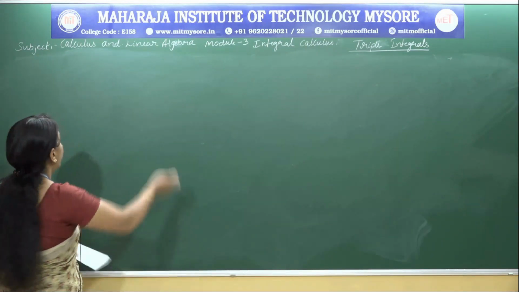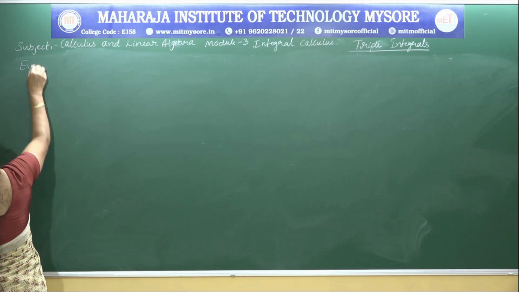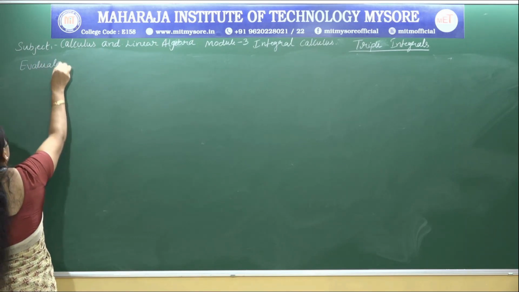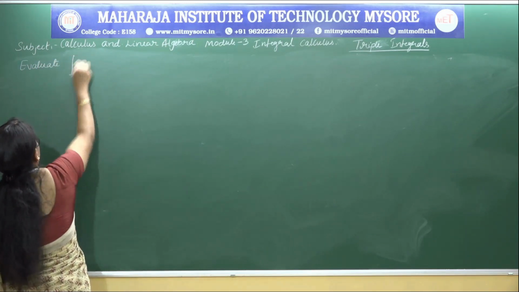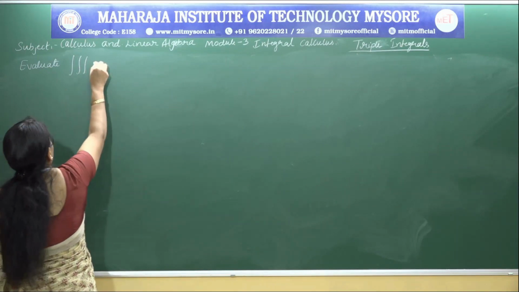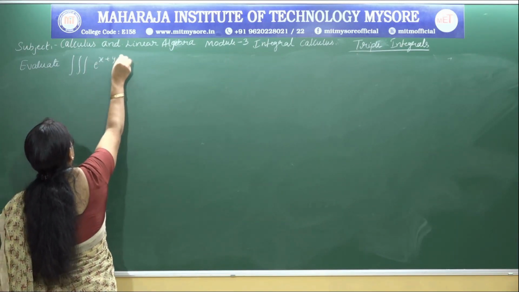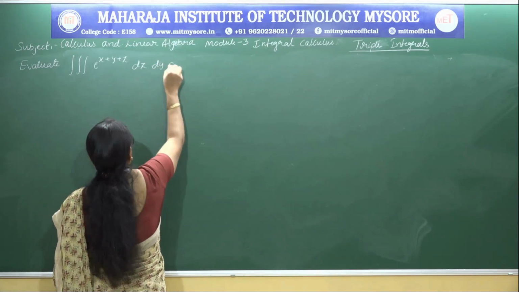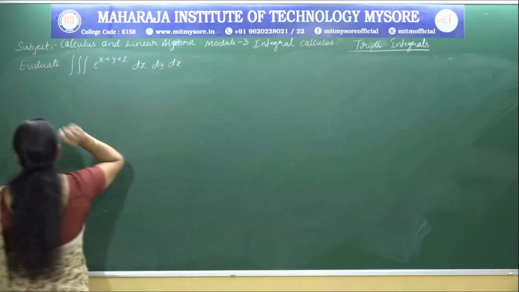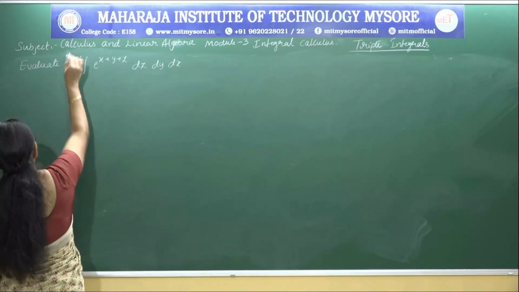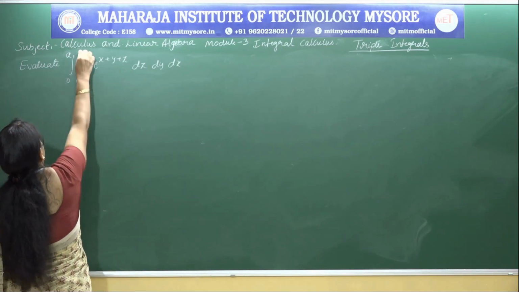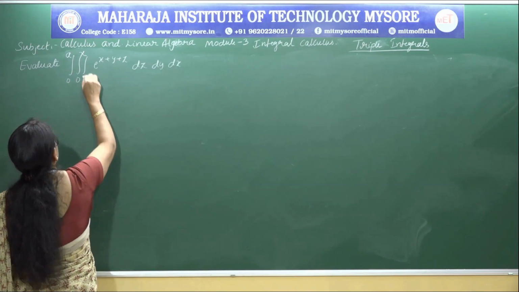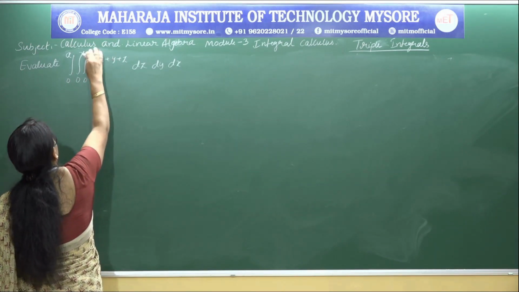Now evaluate the triple integral of e power x plus y plus z dz dy dx between the limit 0 to a, 0 to x and 0 to x plus y.